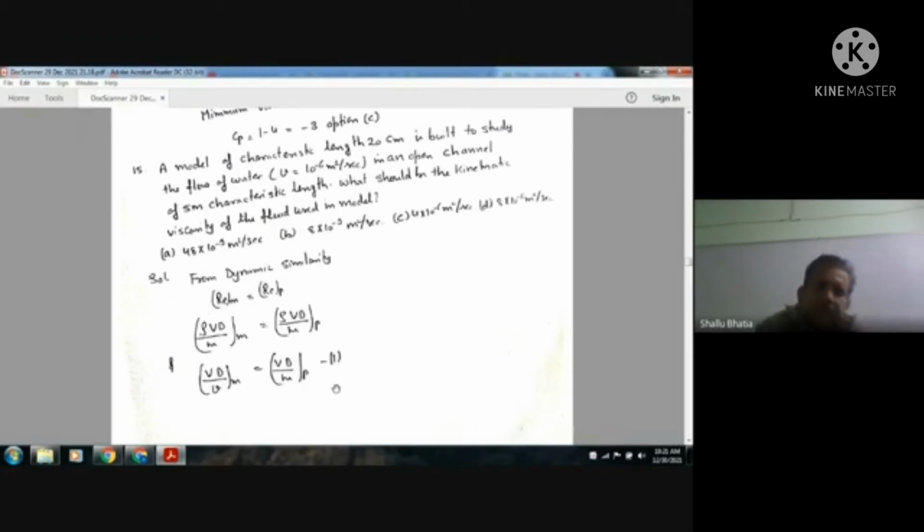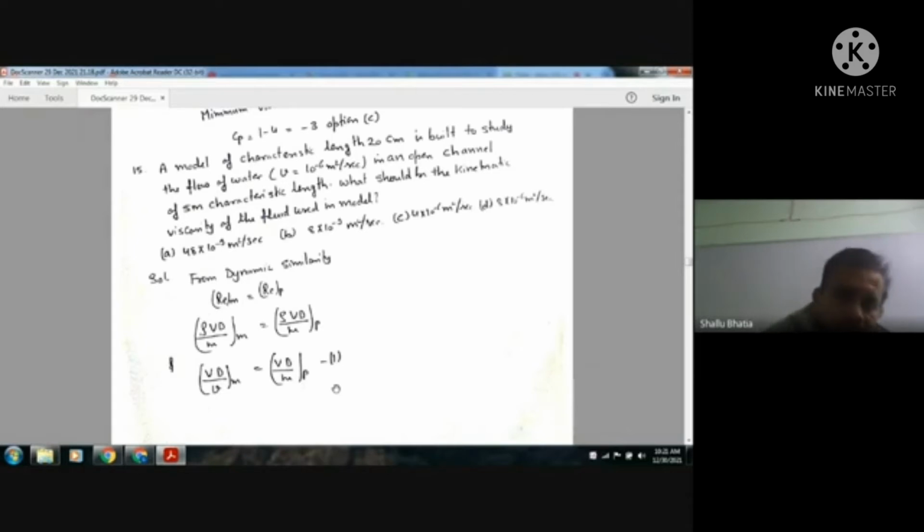What should be the kinematic viscosity of the fluid used in the model? These are the options: 4.8 into 10 power minus 9, 8 into 10 power minus 9, 4 into 10 power minus 6, and 8 into 10 power minus 6, all in meter square per second.